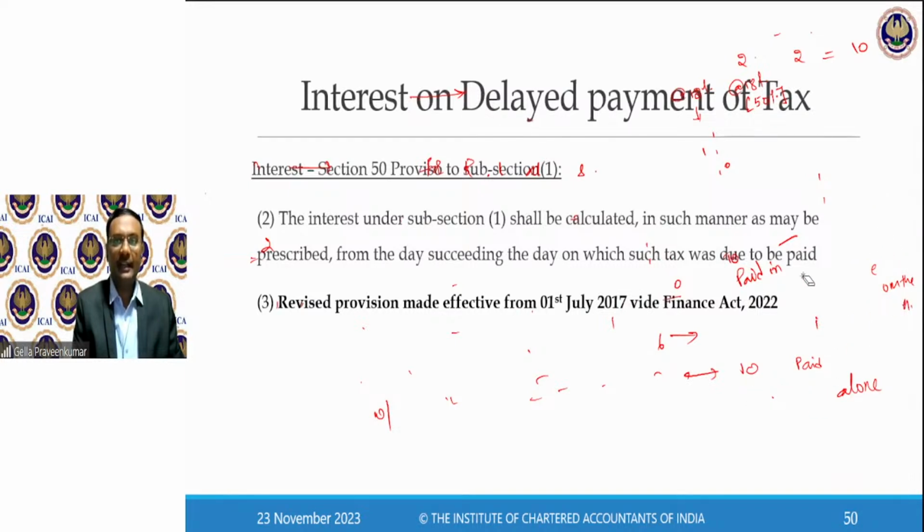The rate of interest notified is 18%, though it says not more than 24%.